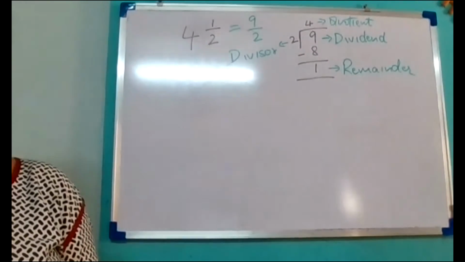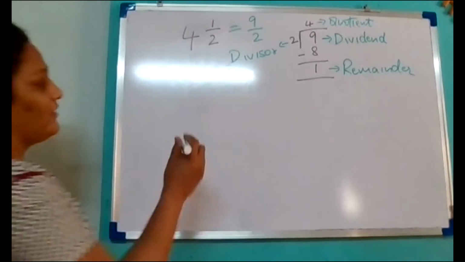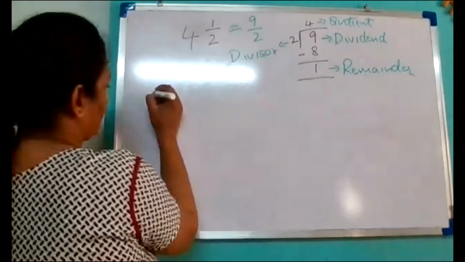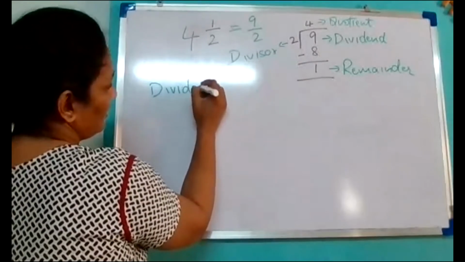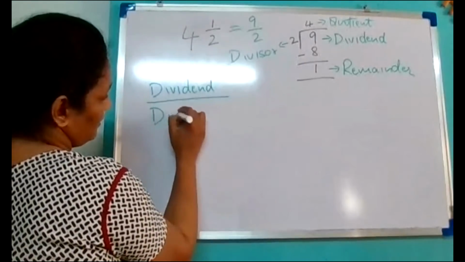What is the formula? You know that the quotient will be the whole number, the divisor is the denominator, and the remainder is the numerator.